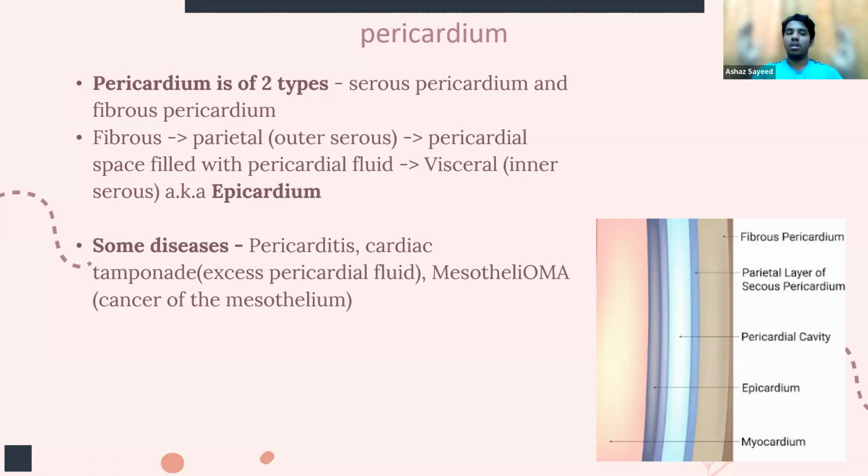And this is all of your pericardium. All of this, right in the image you can see here, all of that is the pericardium. Under this, you're gonna have the myocardium. So we'll talk about the pericardium a bit more.